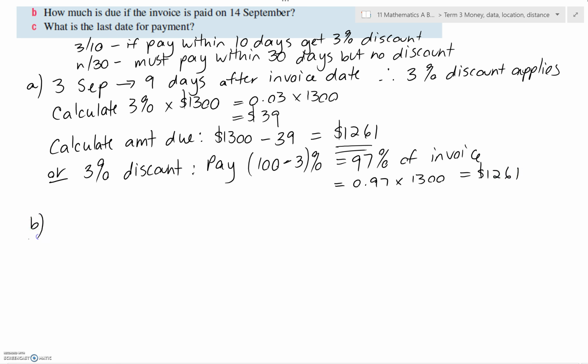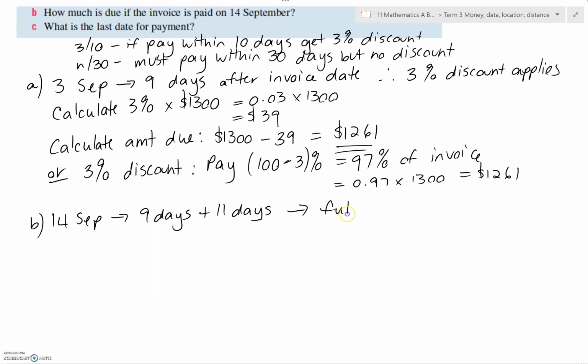Let's do part B. How much is due if the invoice is paid on the 14th of September? Now, the 14th of September is 11 more days after it. So we've got, oops, let's just do that. 14th of September is 9 days plus another 11 days. So that is outside the discount period.